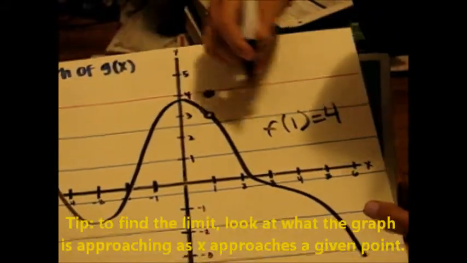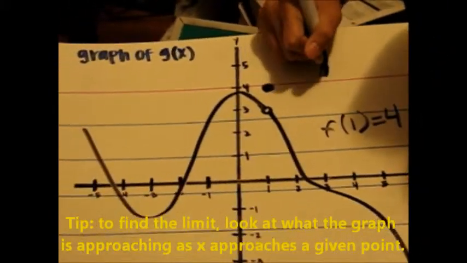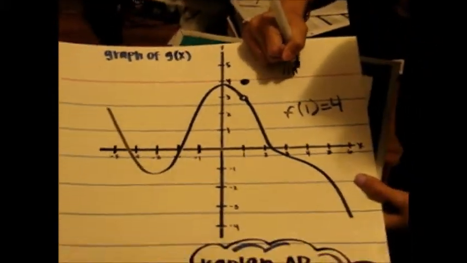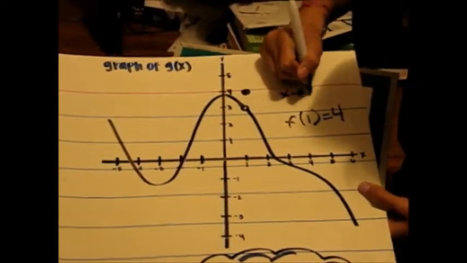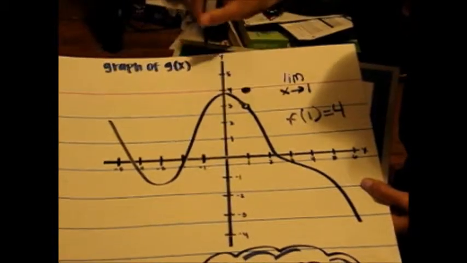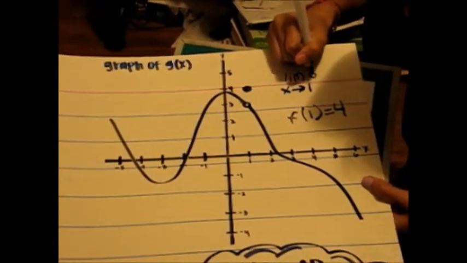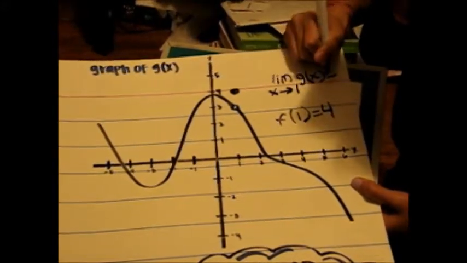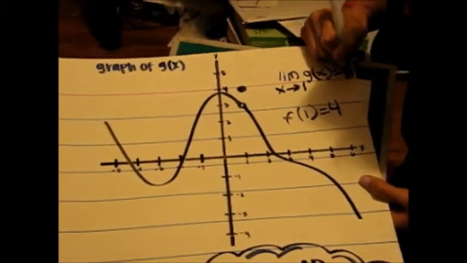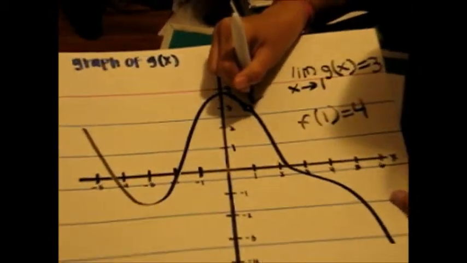However, the limit as x approaches 1 of the function g of x is actually 3, as you can tell right here.